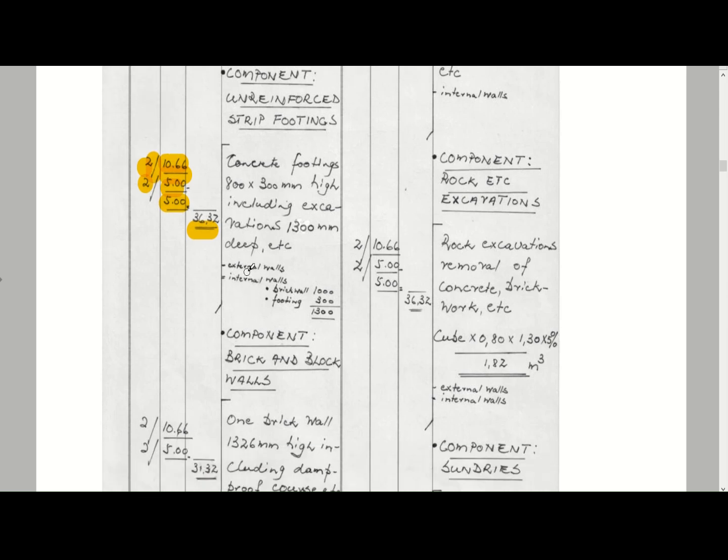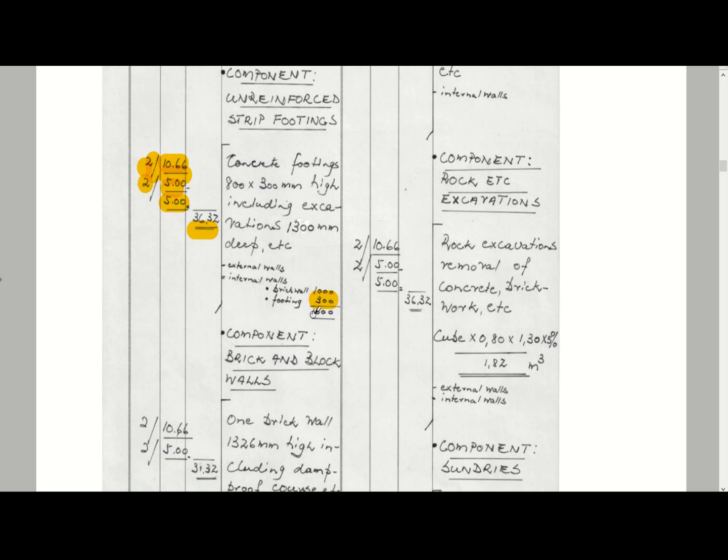And then you will see there's some additional calculations here: external walls, internal walls. Brick wall is 1,000 millimeters, and your footings is 300 millimeters.